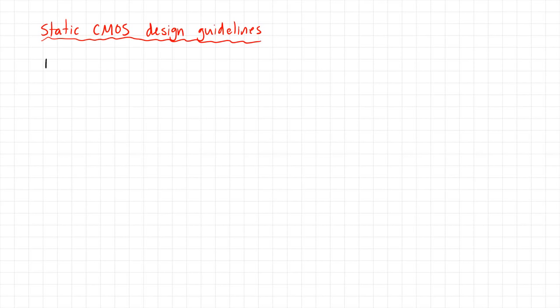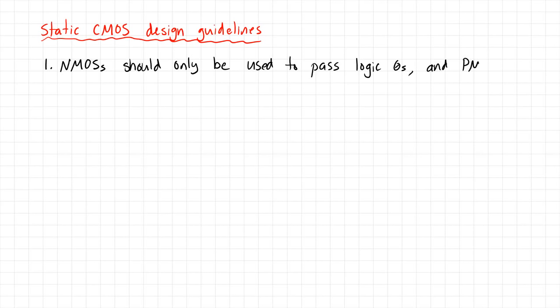Step number 1 is NMOSs should only be used to pass logic zeros, and PMOSs only for logic ones.